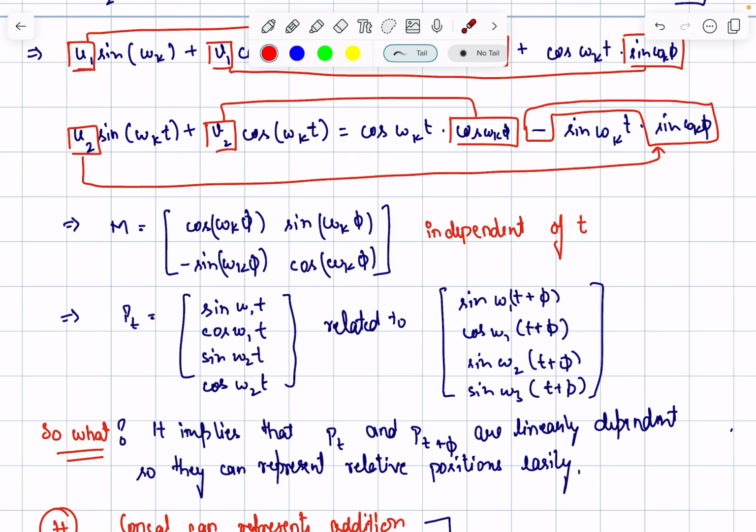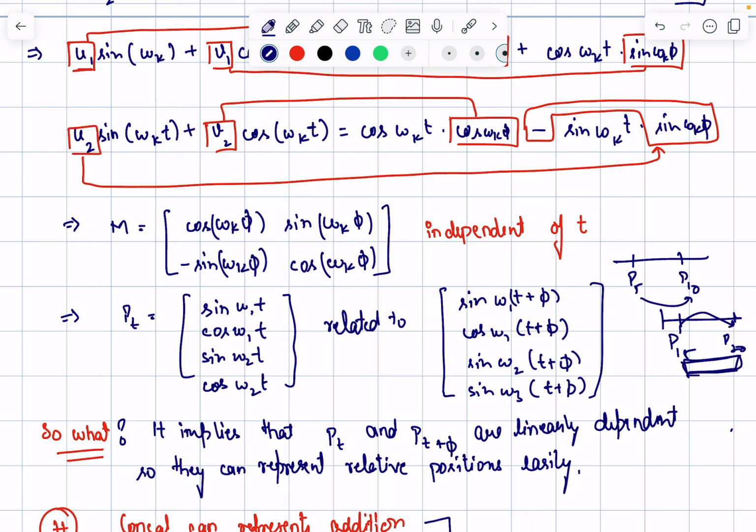So that essentially means that if you translate p5 to p10 or you translate, let's say, p15 to p20, the change in the positional embeddings in these two cases will be a function of 5, because the difference here is 5, right? They may not be equal, it essentially does not mean that p20 will be equal to p10. It simply says that the transformation is a function of 5.